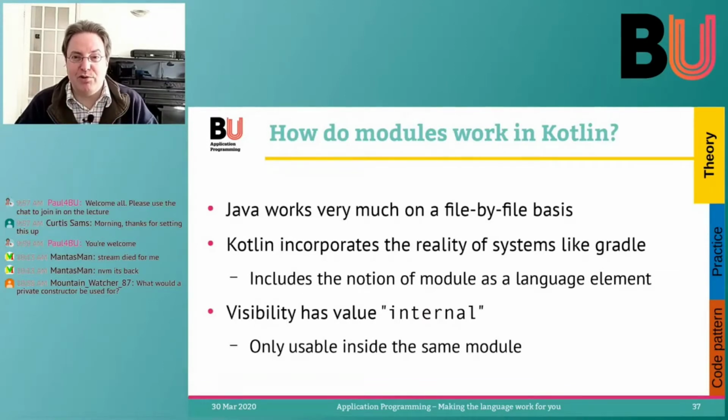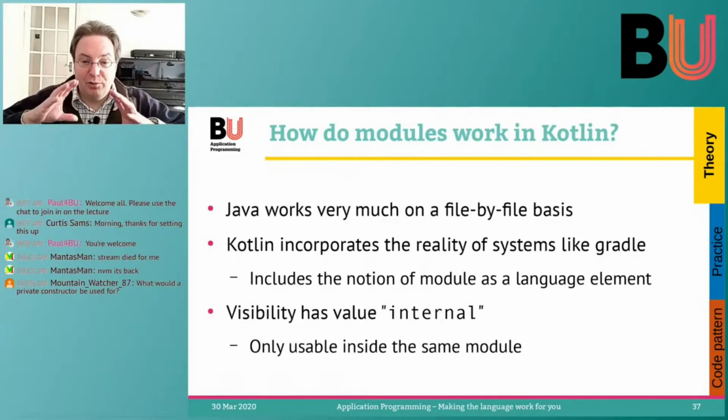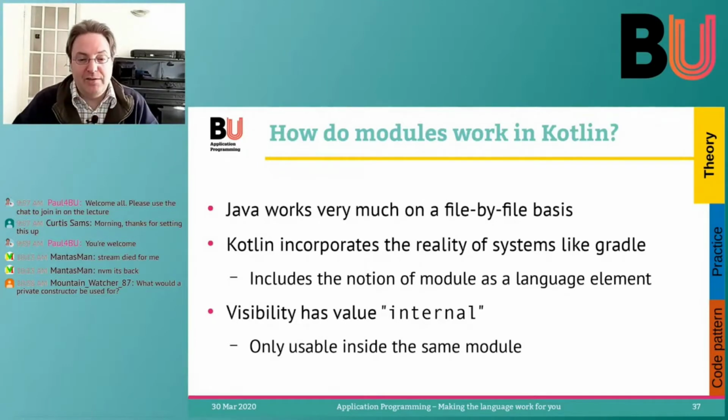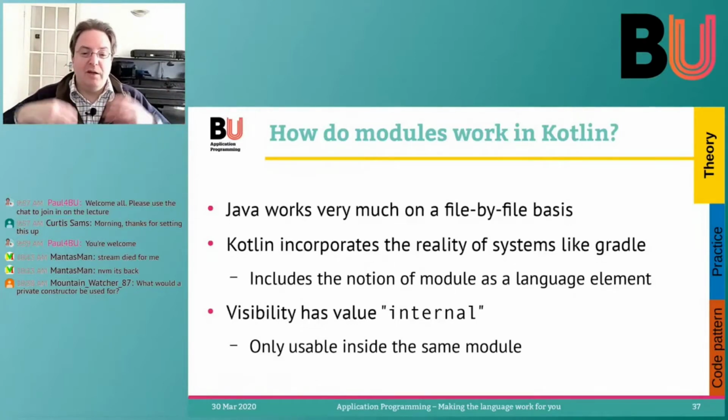Kotlin has modules really as part of the language, and you can have an internal visibility. An internal visibility for an object means that it is only visible to code inside the same module. Kotlin realizes that if you want to stay sane when managing a project, you use a build system such as Gradle.